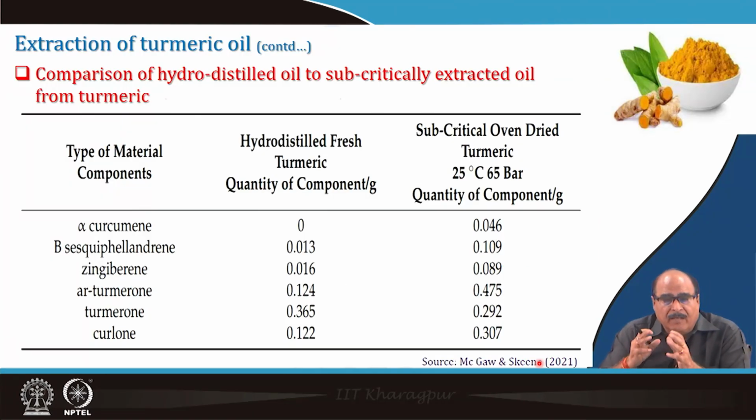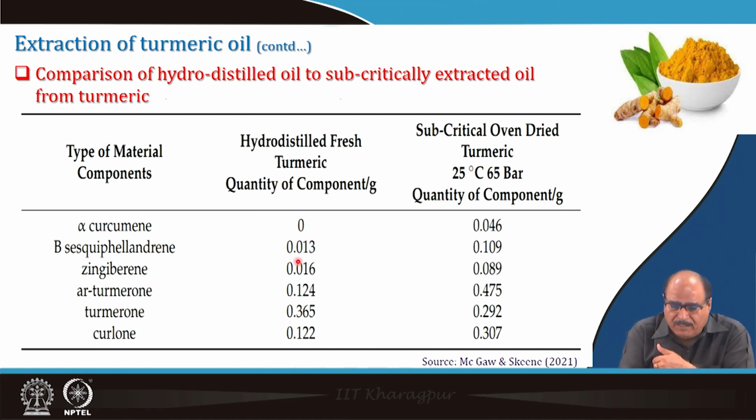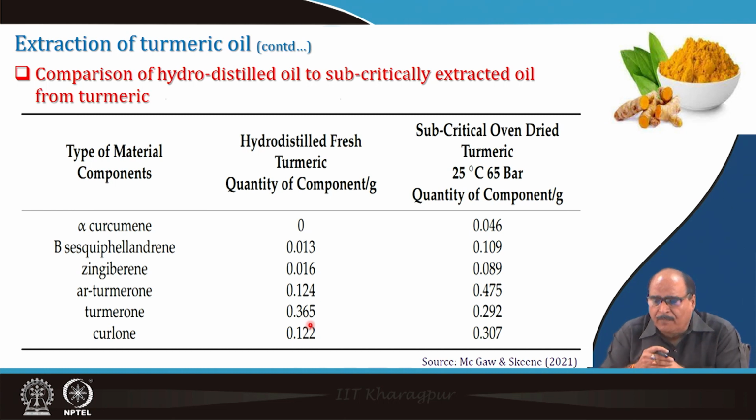Okay. In this table I have tried to give you a comparison of hydrodistilled oil to subcritically extracted turmeric oil. The compounds which are extracted are alpha curcumene, beta sesquiphellandrene, gingerberene, turmerone, ar-turmerone. The hydrodistilled fresh turmeric quantity of components are also given here, and the subcritical oven dried turmeric, that is 25 degrees Celsius, 65 bar pressure, then quantity of component per gram is given here.